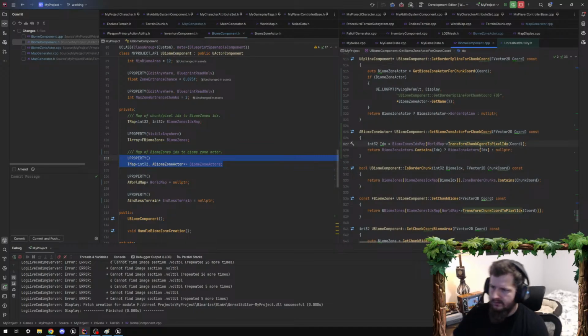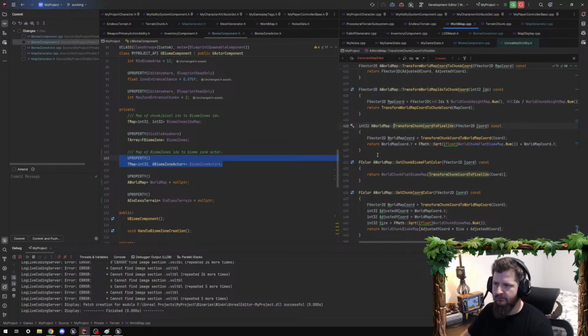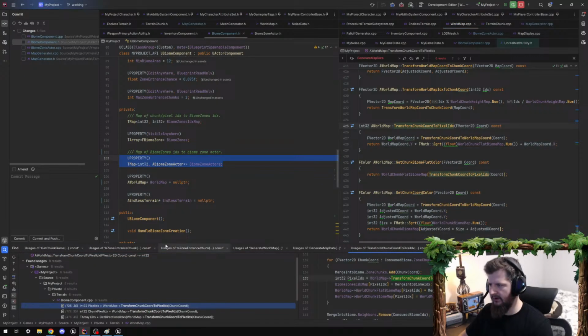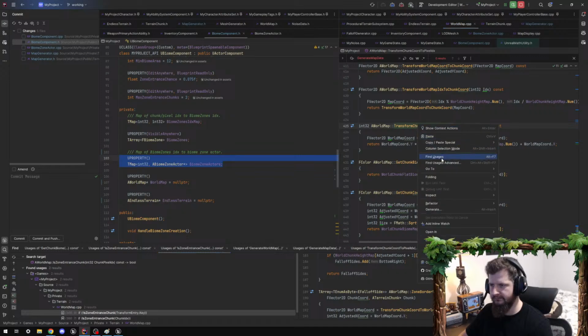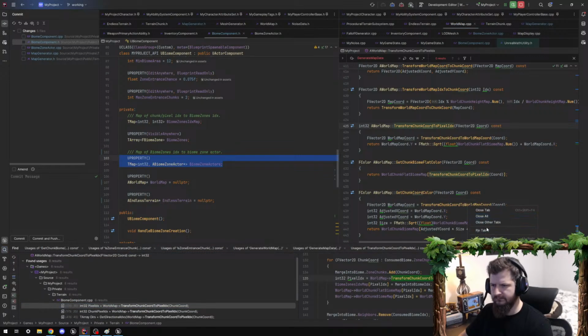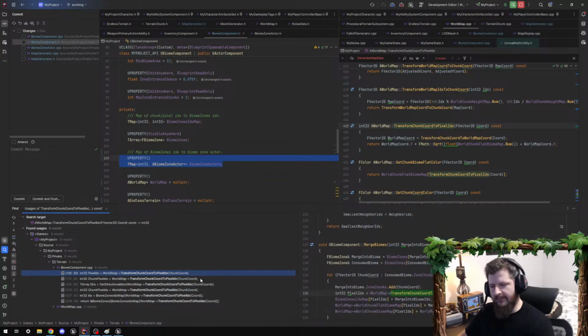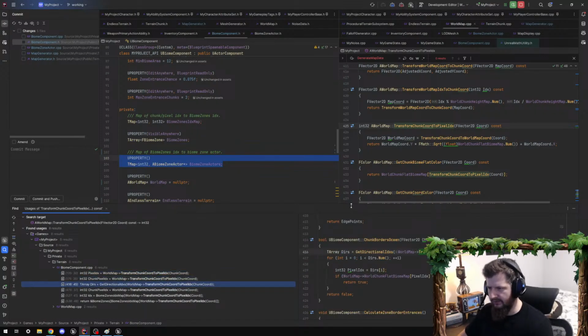So I guess that makes me believe that this transform chunk coord to pixel index isn't correct, which is weird because I use this all over the place. And I would expect way more things to be wrong if this function wasn't correct. Yeah, I use this all over the place.